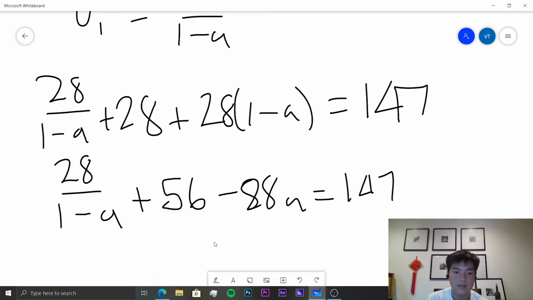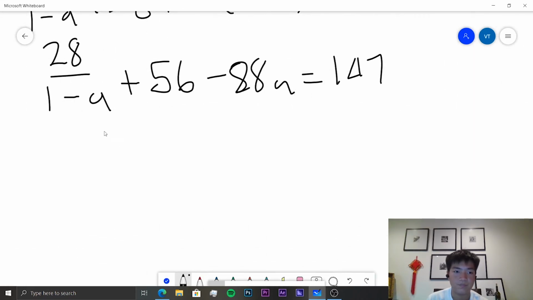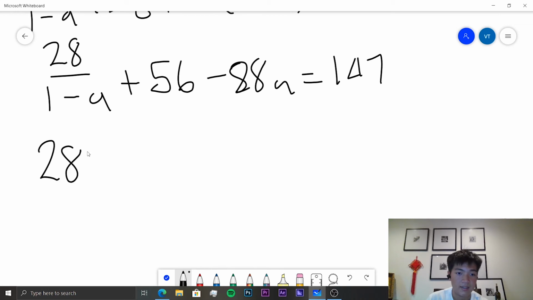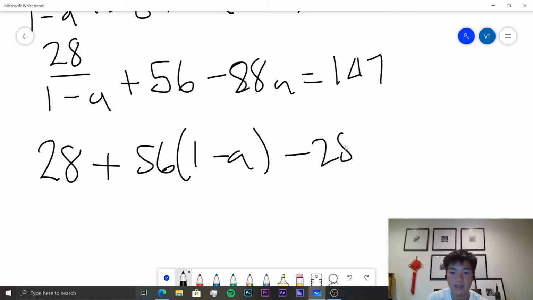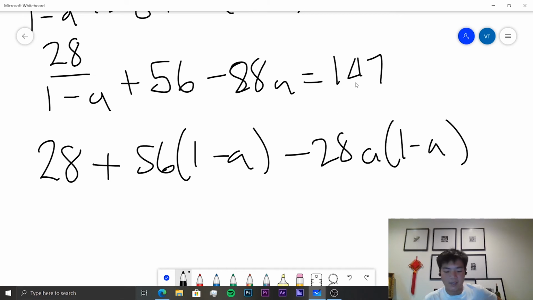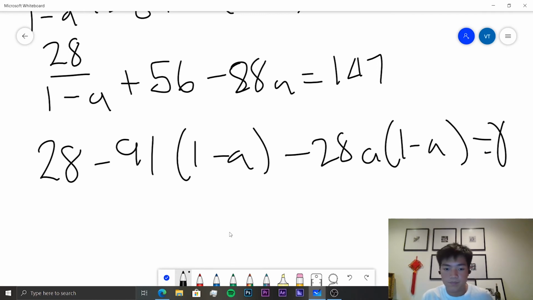So 28 plus 56 times 1 minus a minus 28a times 1 minus a. Oh, I should have just subtracted. What's 147 minus 56? 91. So this should be just minus 91 is equal to 0.